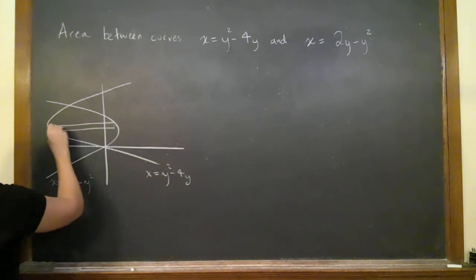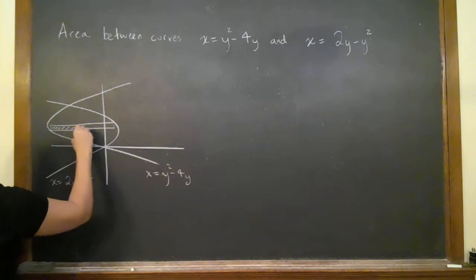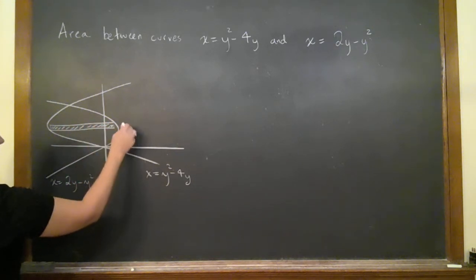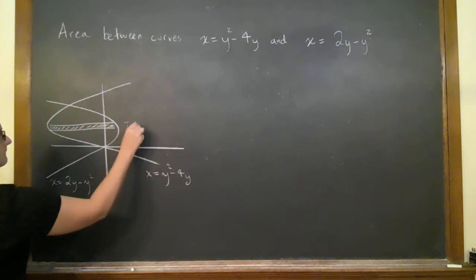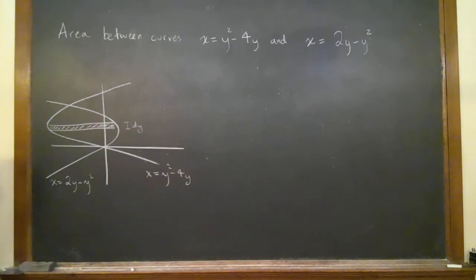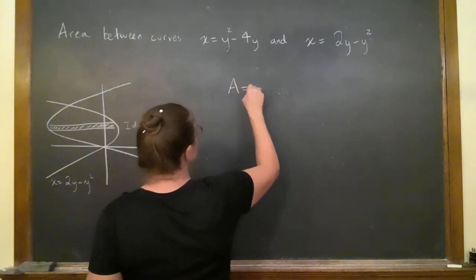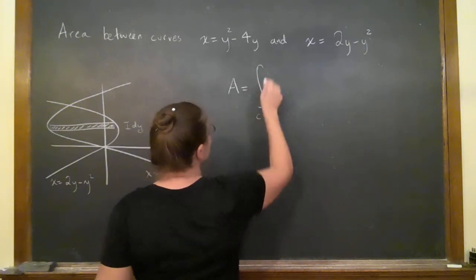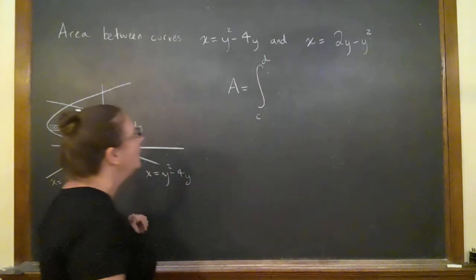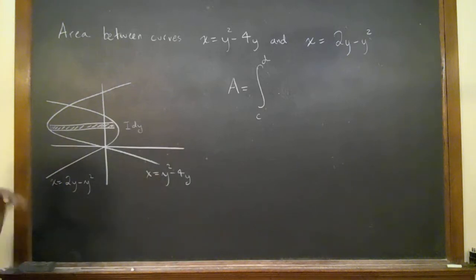Right, so really this is what we want to do. So this is dy, right? We're going to want to take the integral with respect to y. And just like before, we'll call the limits c and d, because before we had a, b, but whatever those points are, they're points in y. Just like before, we want to take the bigger curve minus the smaller curve.